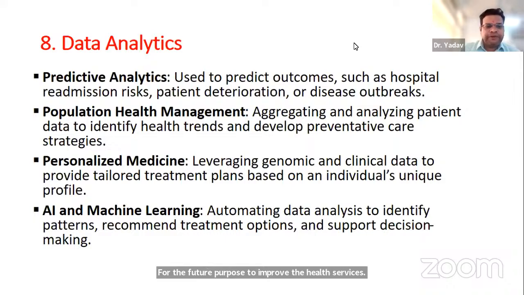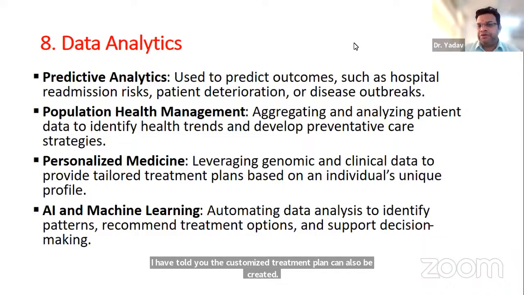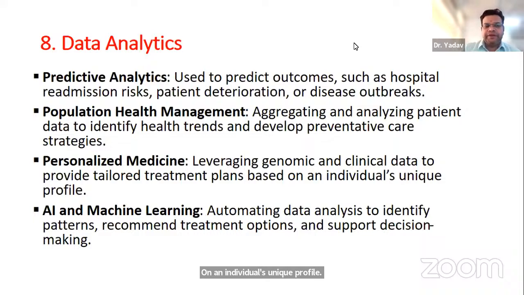It can be used for personalized medicine as well, because when you analyze genomic data and clinical data to provide tailored treatment, a customized treatment plan can be created on an individual's unique profile. Then AI and machine learning, because currently we are using artificial intelligence and machine learning tools for automatic data analysis.